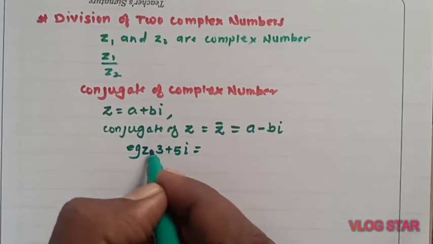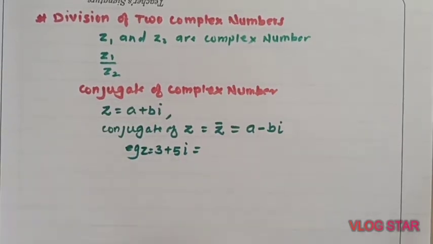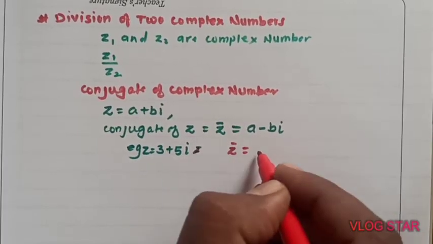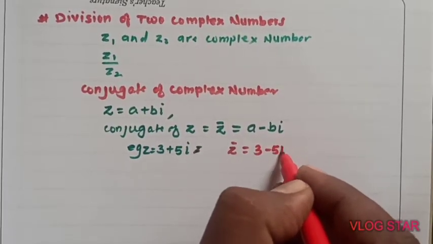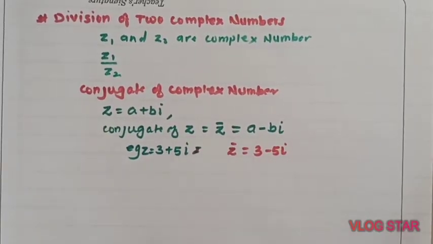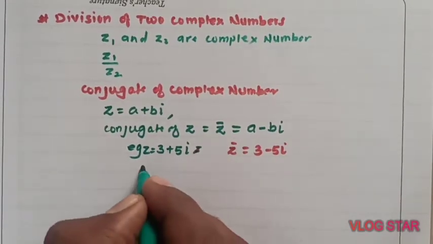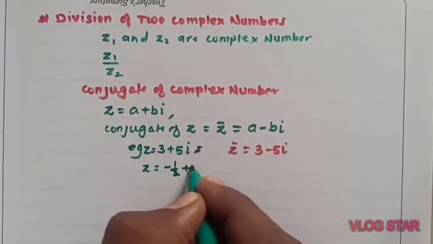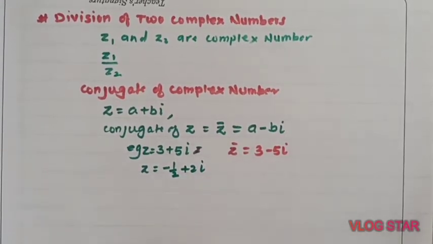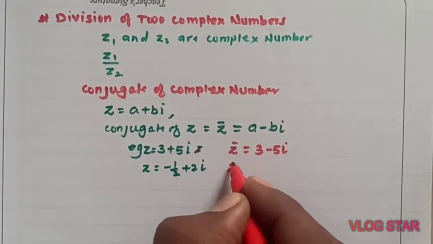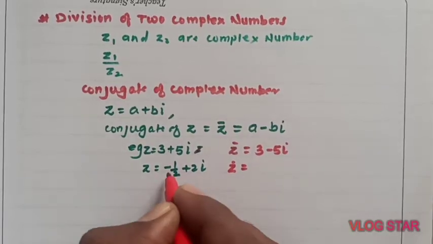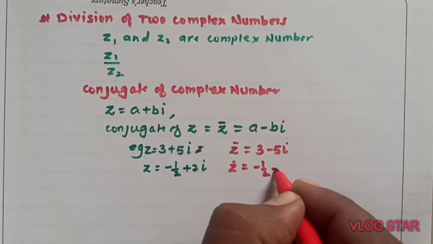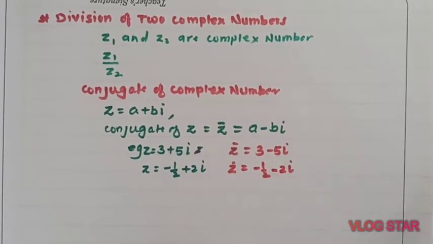This is z, so z bar is 3 minus 5i, the opposite of the imaginary part. Suppose z is minus half plus 2i. Then z bar is minus half as it is, only change the sign of the imaginary part: minus 2i.